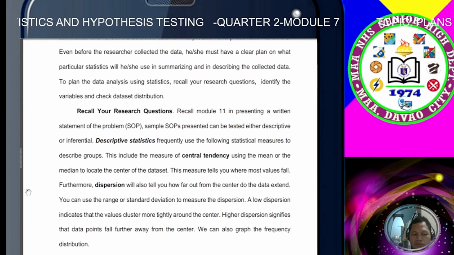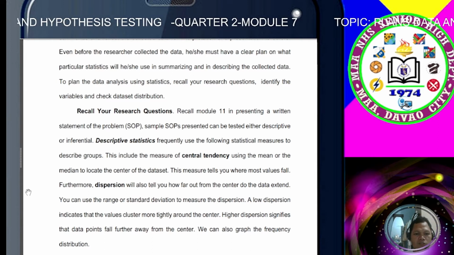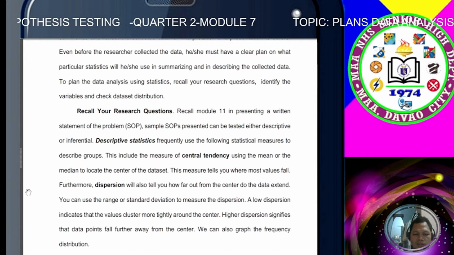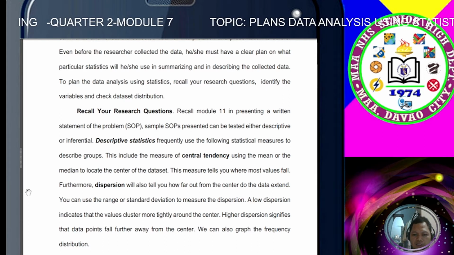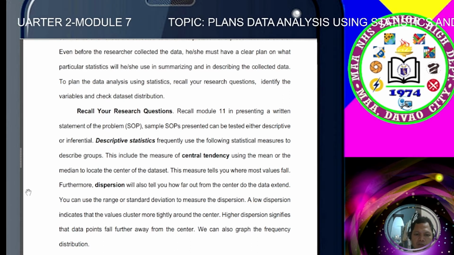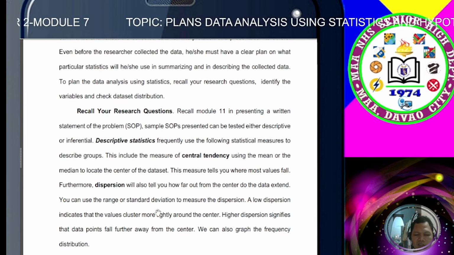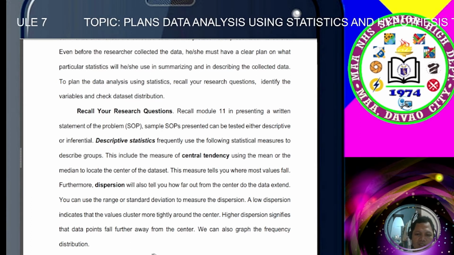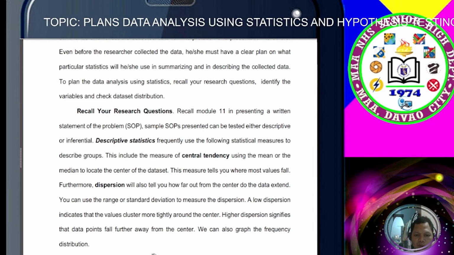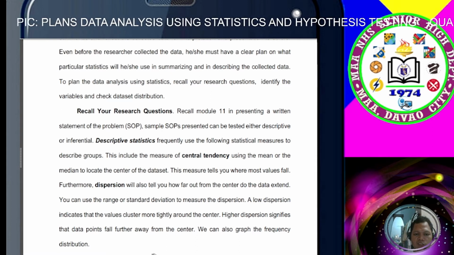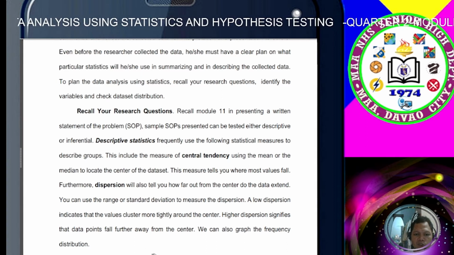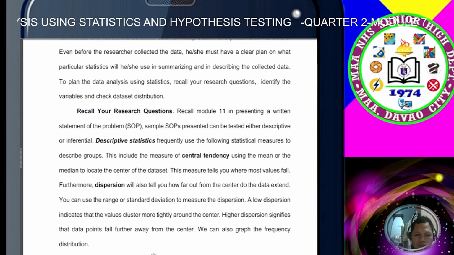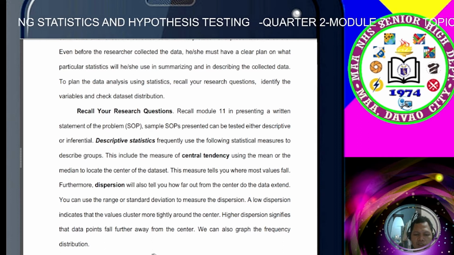Another is the measures of dispersion, or the spread of the data from the mean. I will commonly use here the standard deviation or the SD. A low dispersion indicates that the values cluster more tightly around the center. Higher dispersion signifies that the data points fall further away from the center.